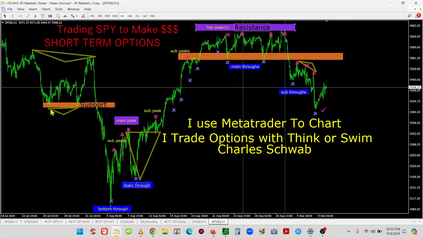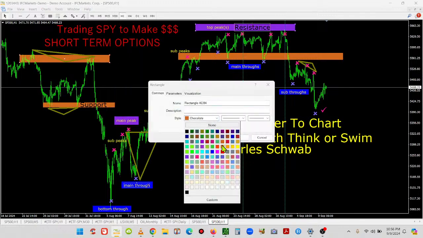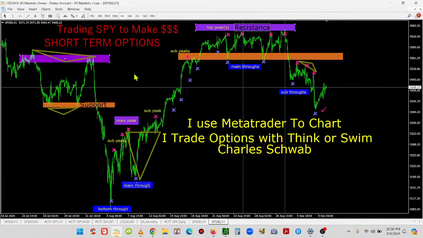So this is support because we had a bada bing and a bada boom right there. And then we have resistance right here. Resistance because I said so. How's that for a technical description?